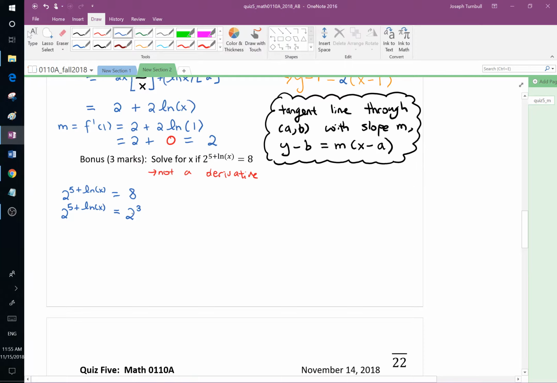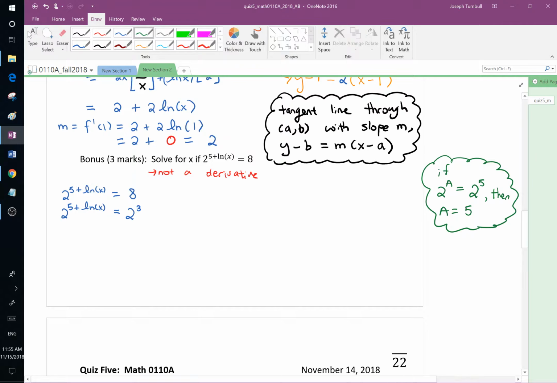Now, I'm going to write a thought bubble off to the side again. If you were told that 2 to the power of a is equal to 2 to the power of 5, that's a guarantee that a must be 5. So if you had that, there's clearly no alternative.